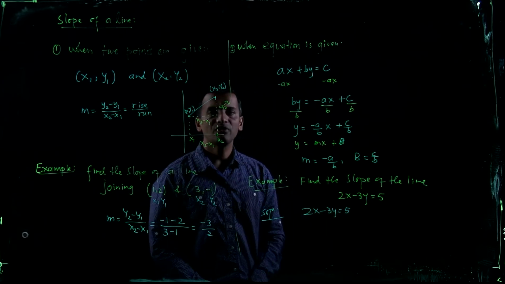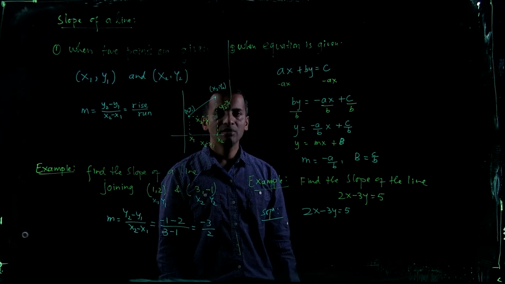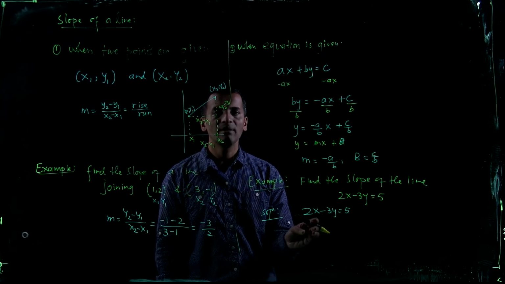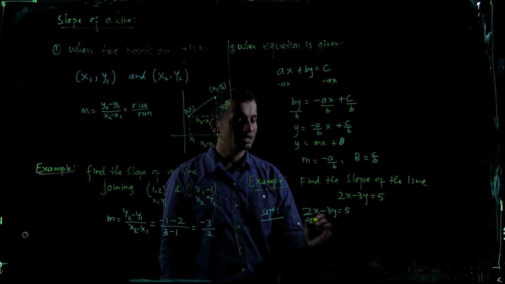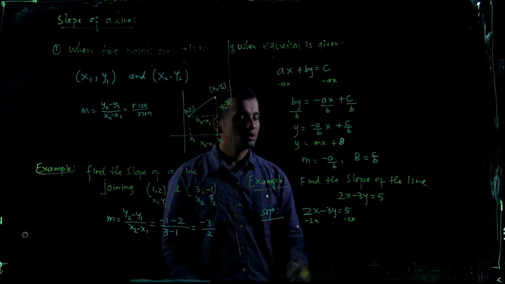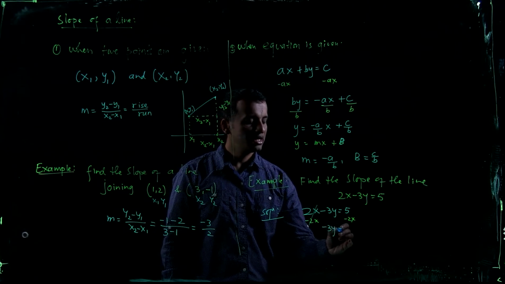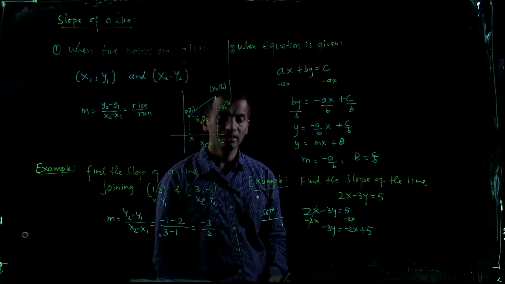Now to find the slope, you just solve for y, meaning you write y by itself and move everything to the other side. So you need to subtract 2x on both sides. What you get is negative 3y equals negative 2x plus 5. Makes sense?